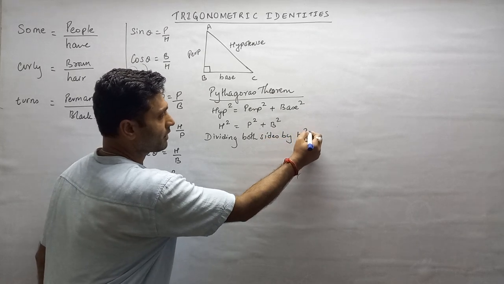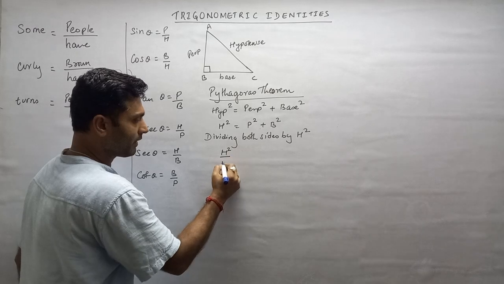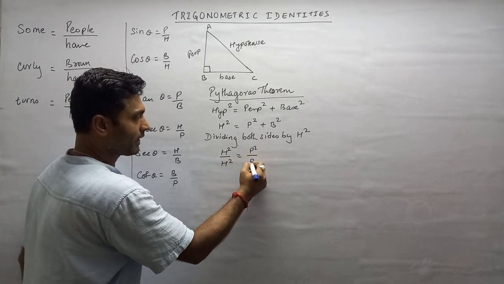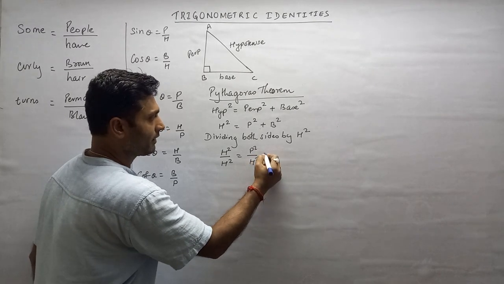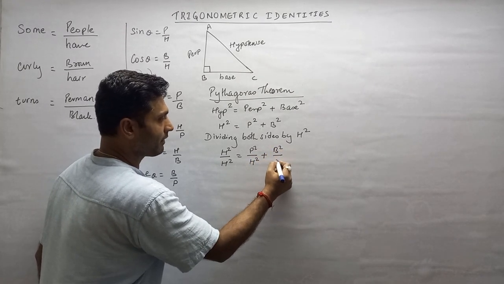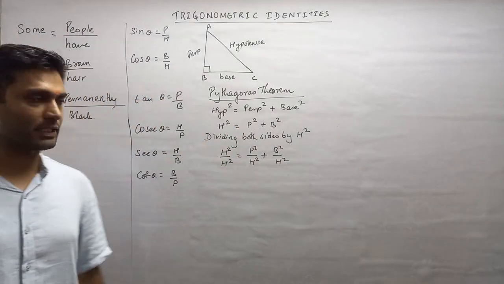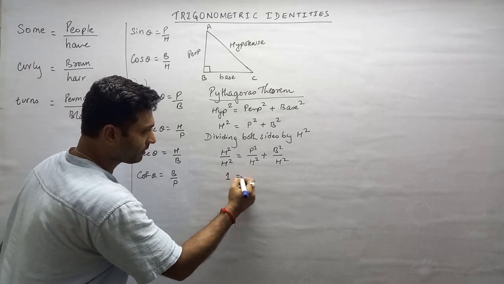dividing both sides by h square. So this will become h square divided by h square is equal to p square plus b square divided by h square. Both the sides I am dividing it by h square. So h upon h is equal to 1.